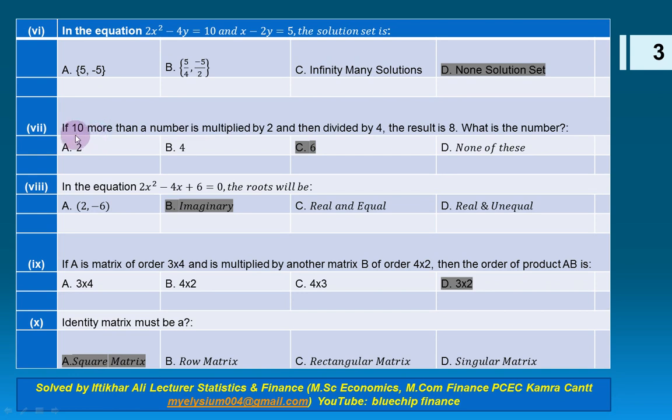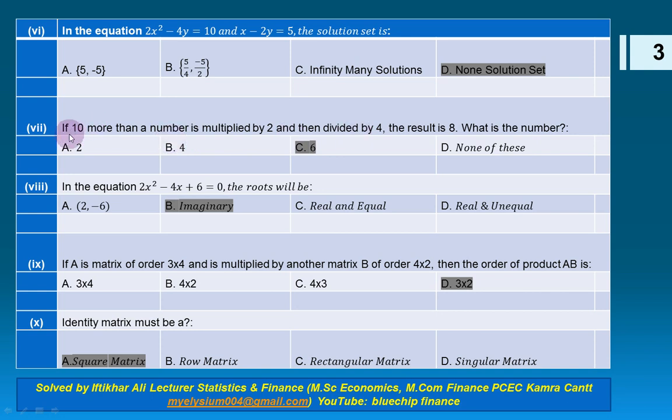Seventh objective is that if 10 more than a number is multiplied by 2 and then divided by 4, the result is 8. What is the number? Correct option is 6. You can make an equation to solve this.